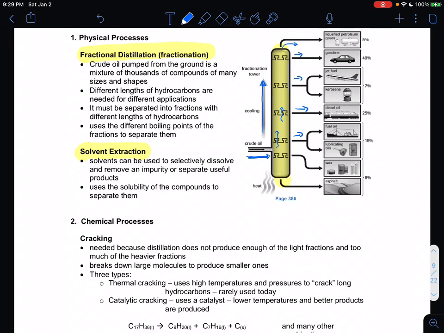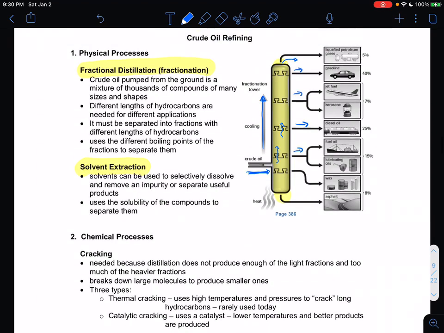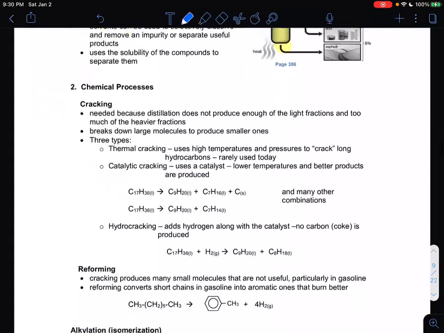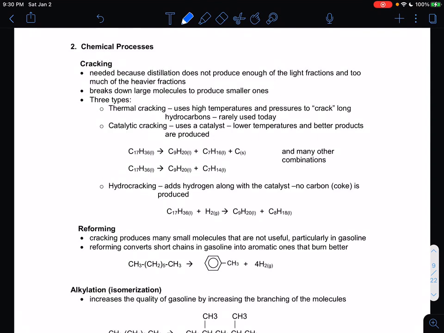All right, so it's important for you to remember that there are two physical processes: fractional distillation and solvent extraction. Now, after we get these fractions of hydrocarbons, there are some chemical processes that we do to increase the type and quality of hydrocarbons that we use for fuels.